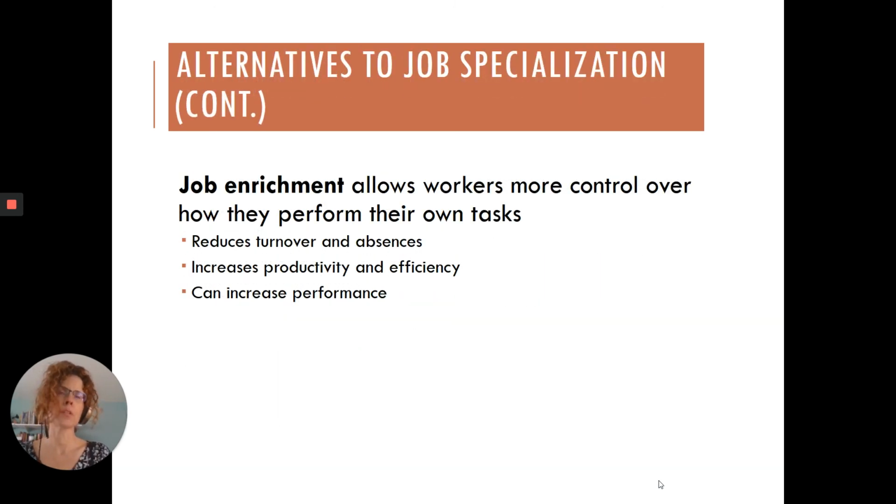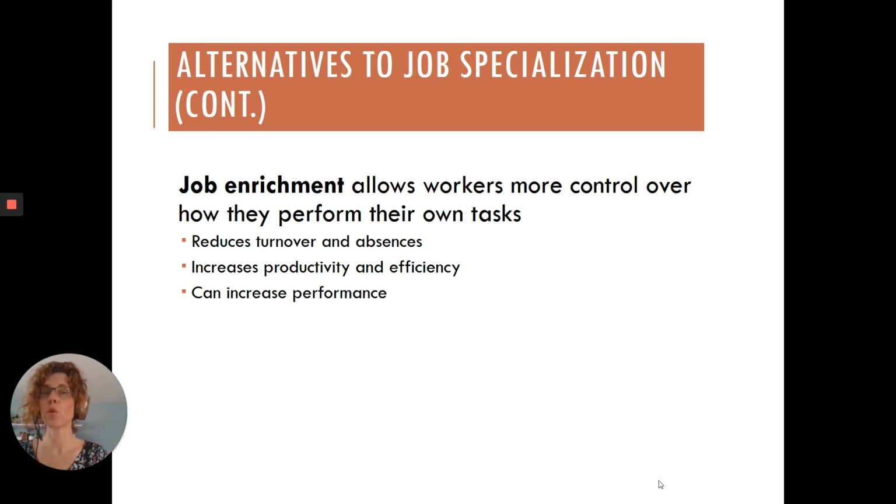A third option is what's called job enrichment. Essentially, what we're doing here is we are adding to a person's tasks, but that's not what's key. What's key is that those new tasks come with more authority. So the person has more control over how they perform their own tasks. They can decide. They don't have to get someone higher above to sign off on things, for example.